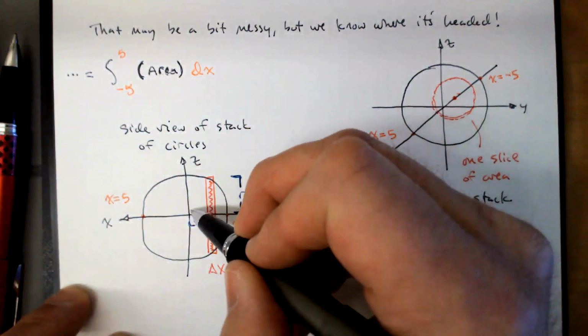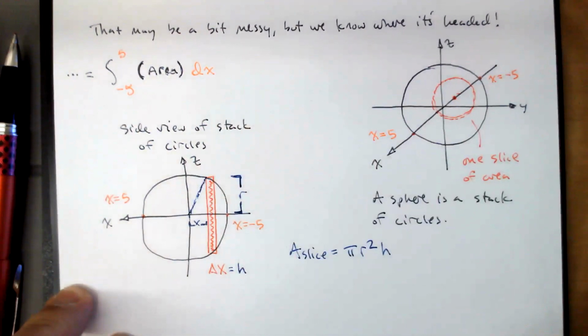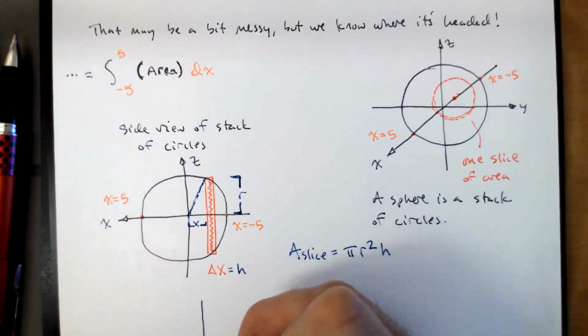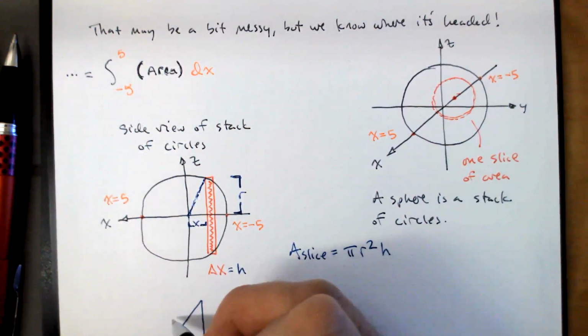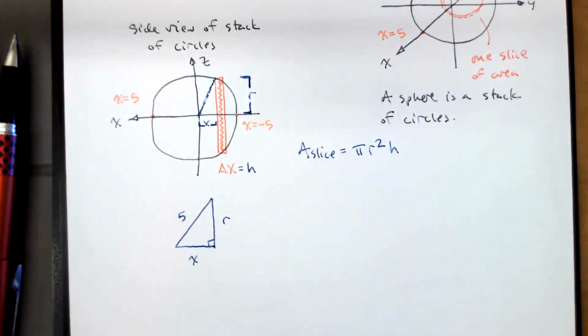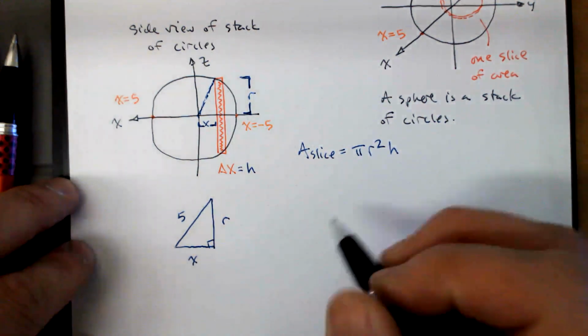And then from there, I can get a right triangle with a hypotenuse of 5. That'll give me a relationship between x and r. That'll tell me what the radius is in terms of the x coordinate.